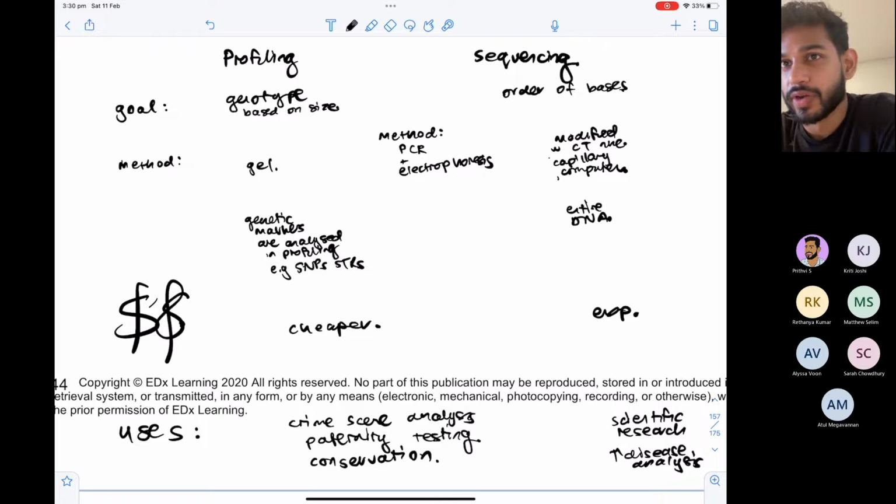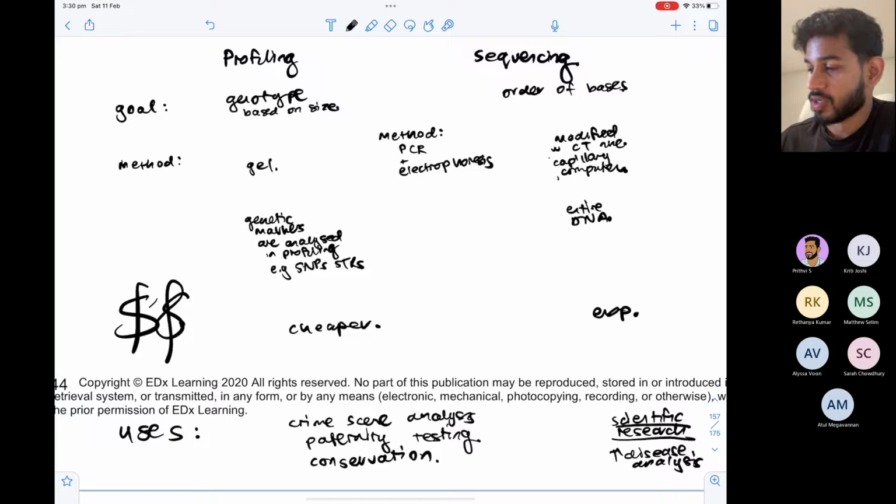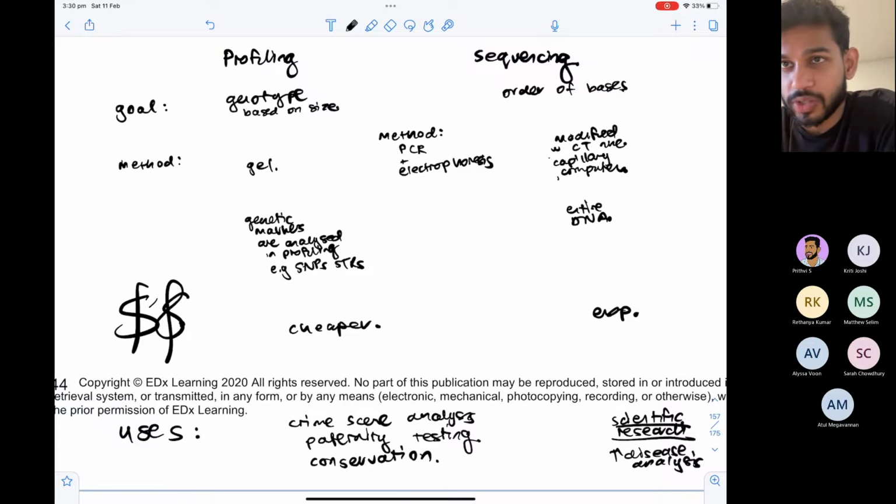Okay, very good. We can also do profiling to understand human evolution. So that's part of scientific research. Okay, but we'll talk about that very shortly. But good. Now you understand everything you need to know to answer sequencing, profiling, and genetic marker questions.